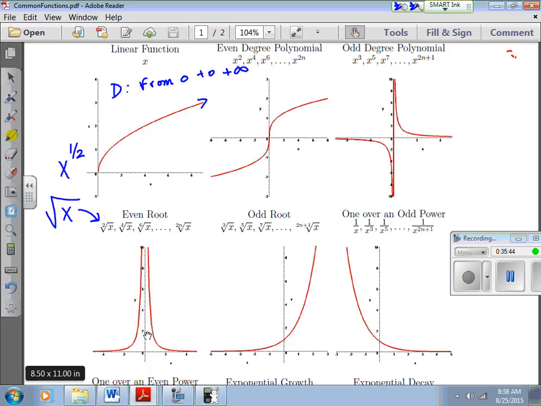All right, how about the range? What's the range? Remember, the range is referring to the y-axis. At 0 to positive infinity.